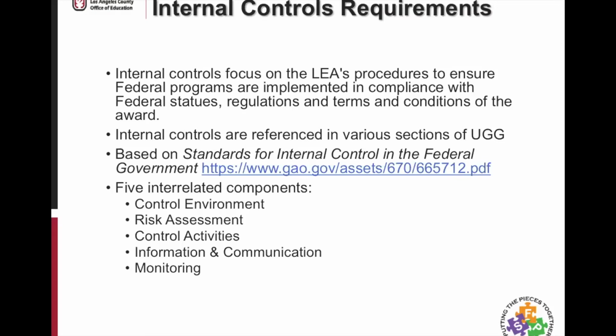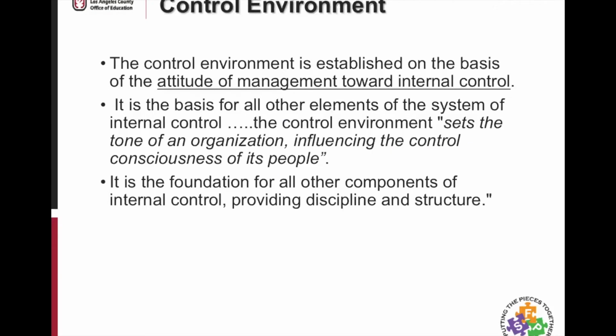And then a risk assessment should take place. And that should lead to control activities. And then the standards address information and communication and how that plays a part in maintaining compliant programs. And then finally, monitoring. So we're going to take a look at the first area, control environment.